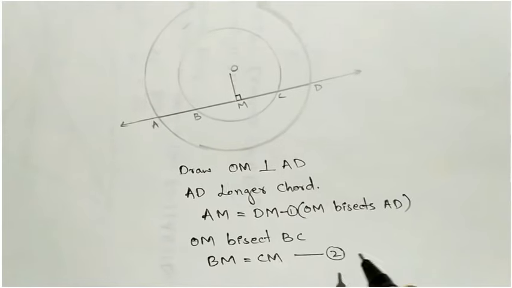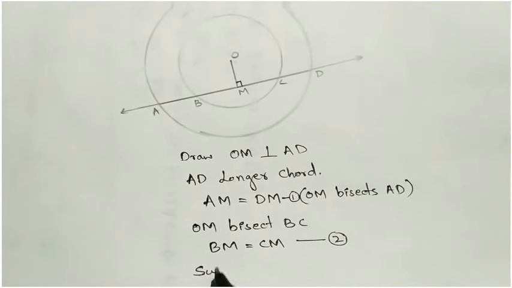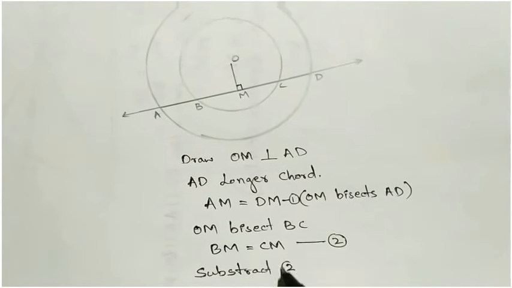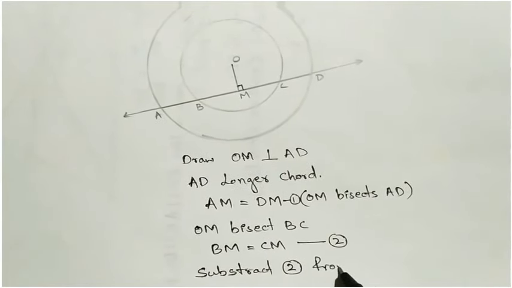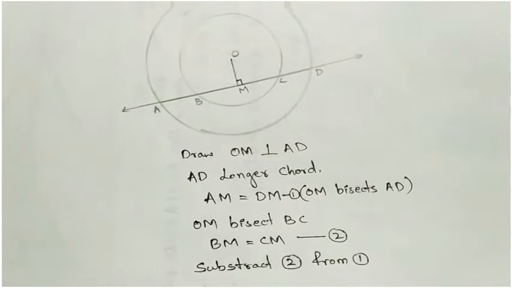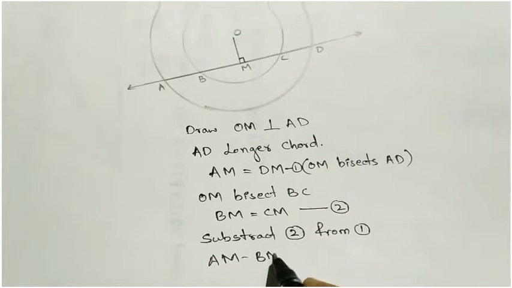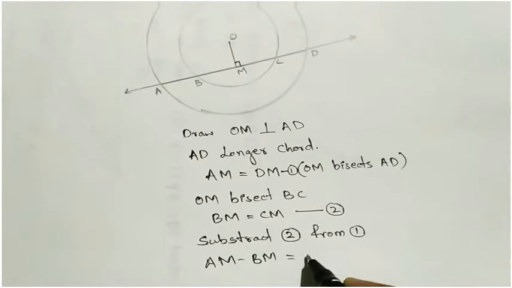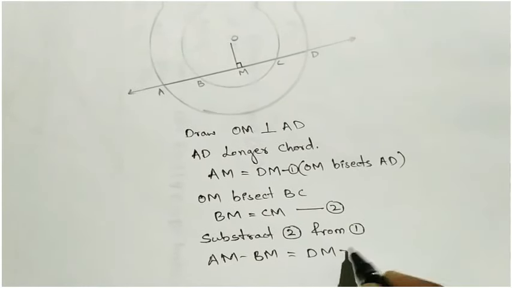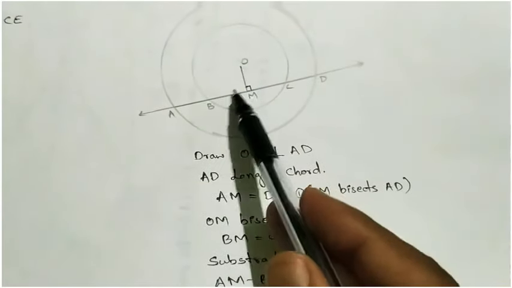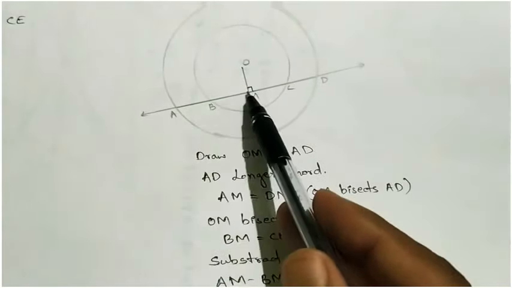Equation number 2. Subtract equation number 2 from 1. So that will be AM minus BM equal to DM minus CM. See here, from AM if I remove BM, what is left?